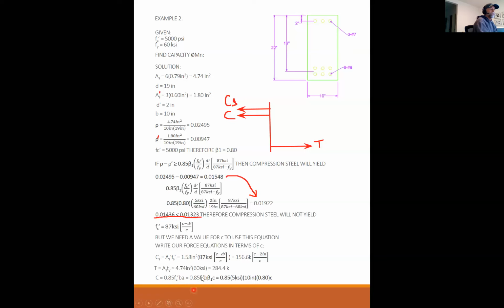So now I can plug in all my knowns, 0.85, 5 KSI, 10, and 0.8 times little c. And now all three components of the force are defined by functions of little c. I'm going to simplify this to be 34 kips per inch times c.